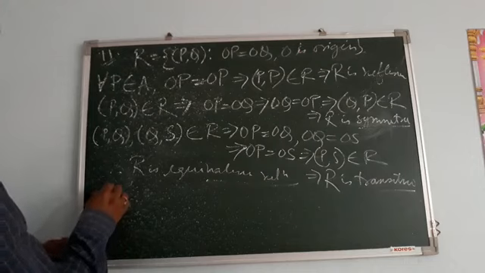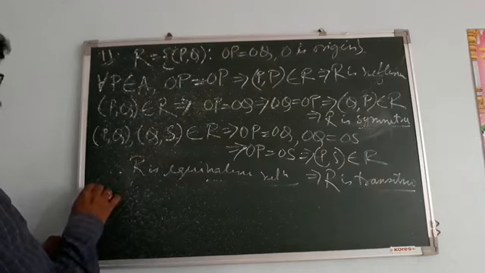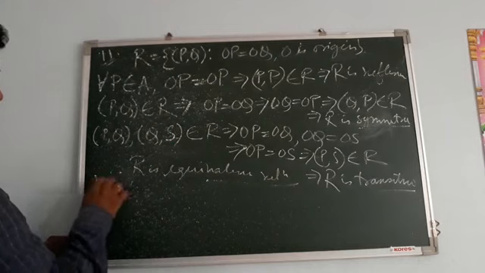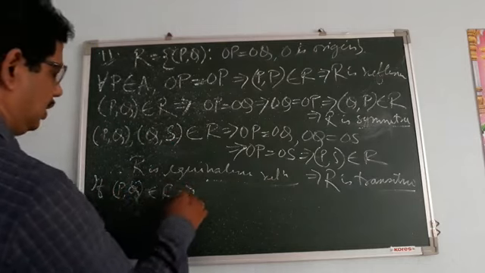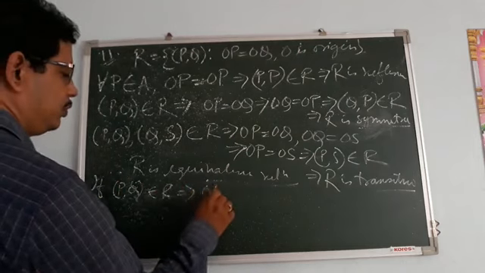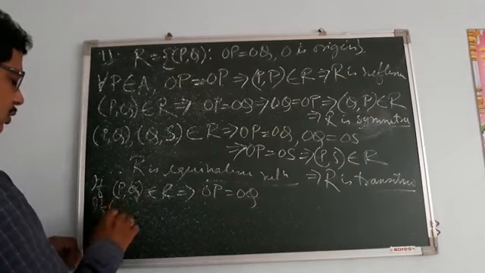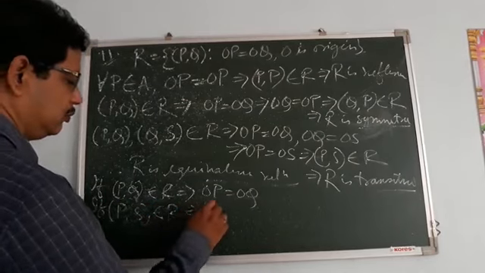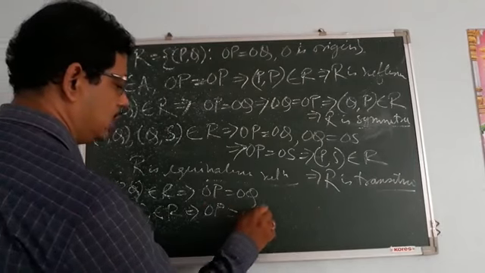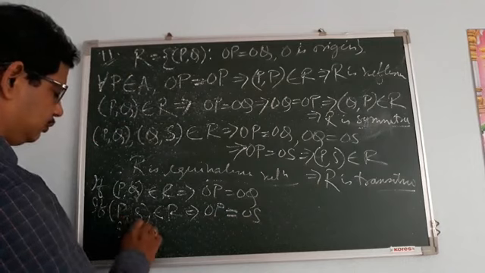So suppose related with P, if (P,Q) belongs to R, implies OP is equal to OQ. If (P,S) belongs to R, OP is equal to OS, and so on.